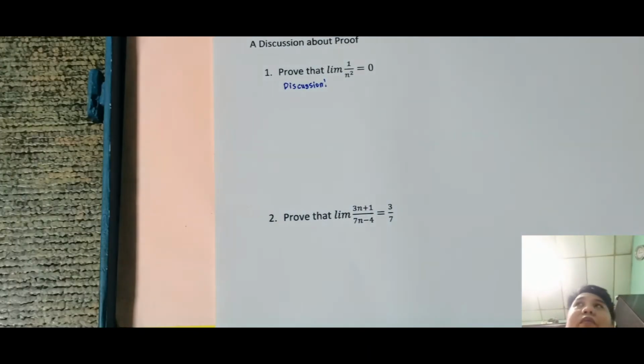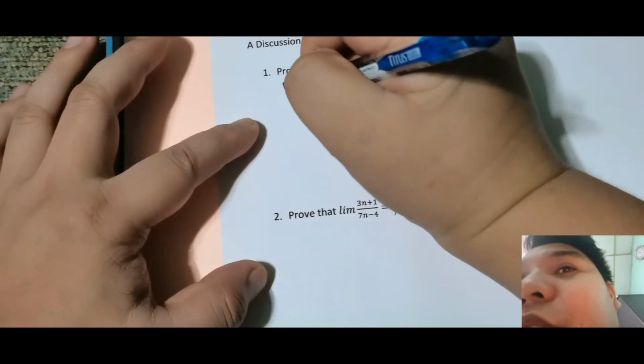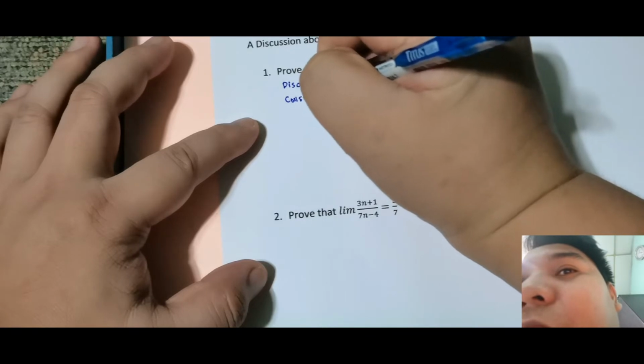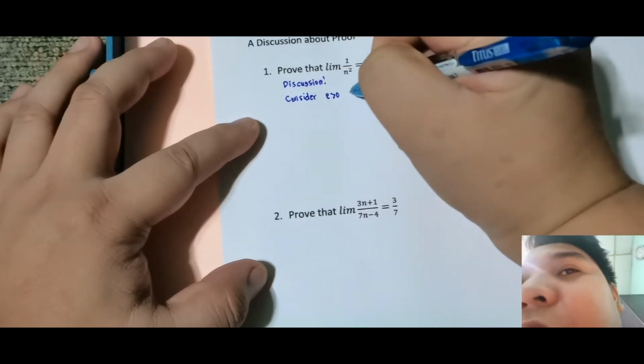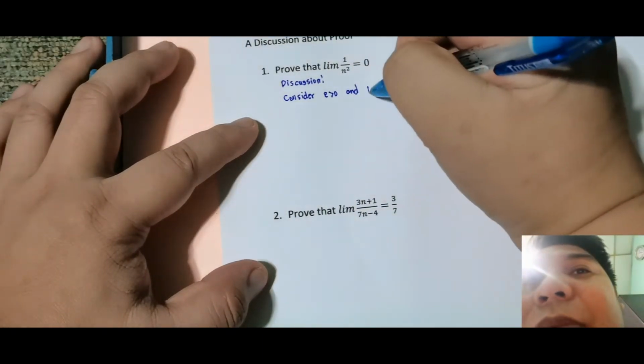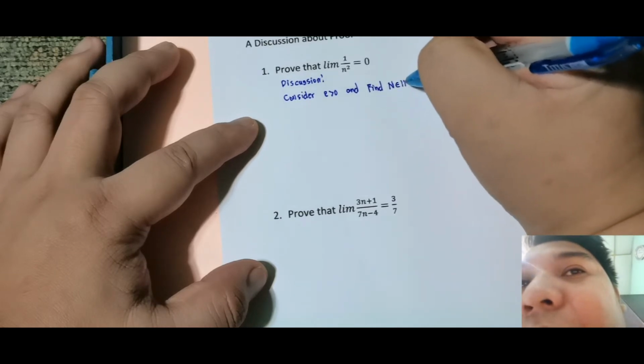So, in this discussion, our task is to consider an epsilon greater than 0 and find n, element ng natural number.